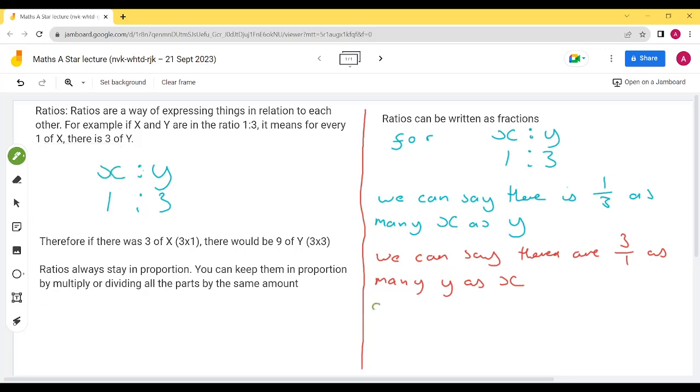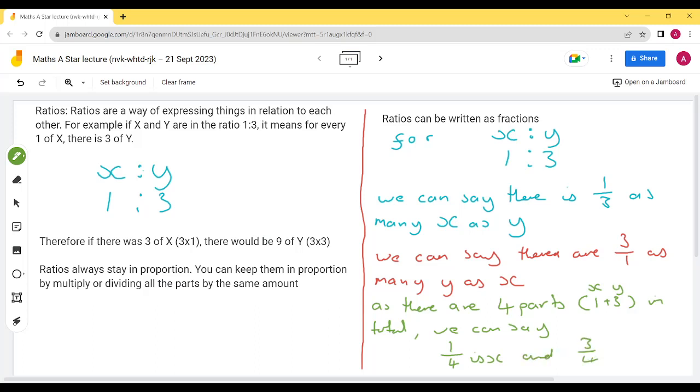As there are 4 parts to the ratio, from the 1x plus 3y in total, we can say 1/4 of the total is x and 3/4 are y.